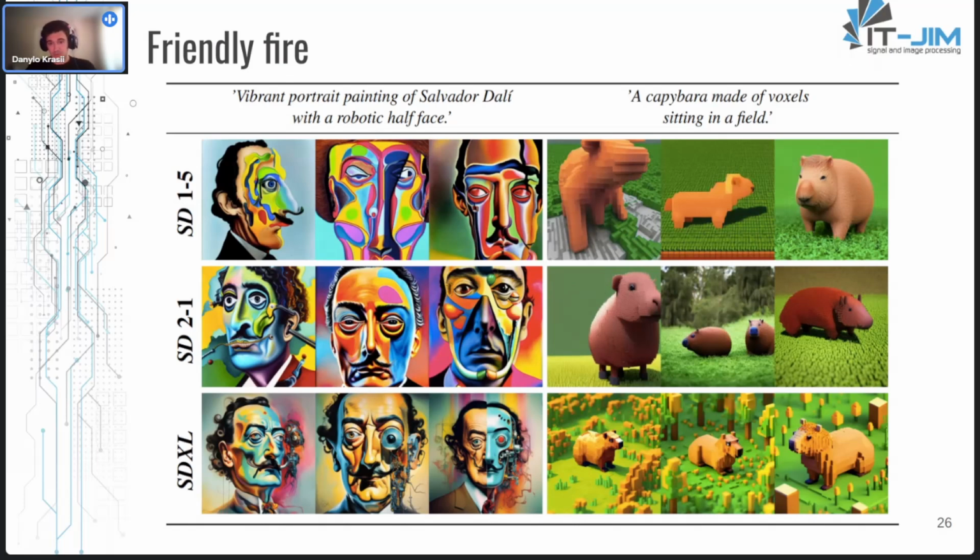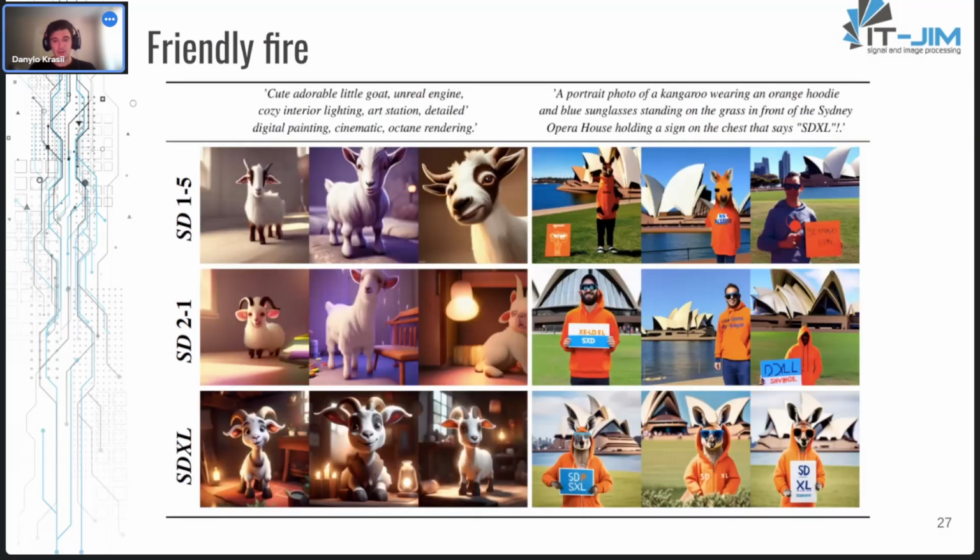Again, it's all subjective, but in my opinion, XL results are closer to the prompt, and the quality is better too, at least in the case of capybaras. Also, we can see that Stable Diffusion XL handles text generation much better than its previous versions. Here is a kangaroo with this sign.